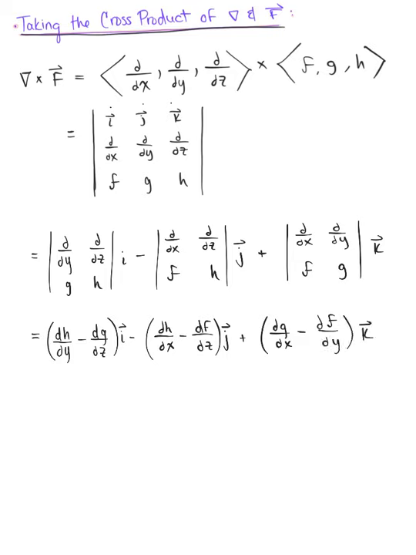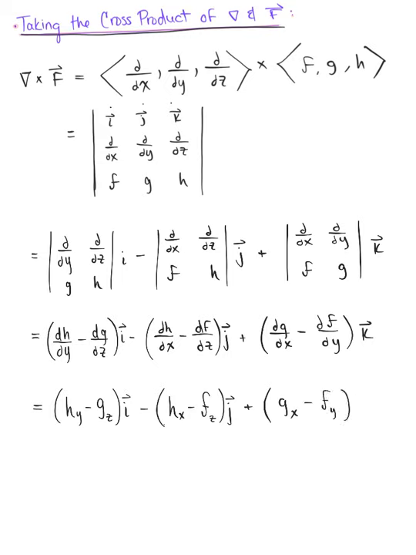This is the differential notation for the curl, or for the cross product of del and our vector field. We can convert this to the equivalent subscript notation and say that this is the partial derivative of h with respect to y minus the partial derivative of g with respect to z, i hat, minus the partial derivative of h with respect to x minus the partial derivative of f with respect to z, times j hat, plus the partial derivative of g with respect to x minus the partial derivative of f with respect to y, k hat.